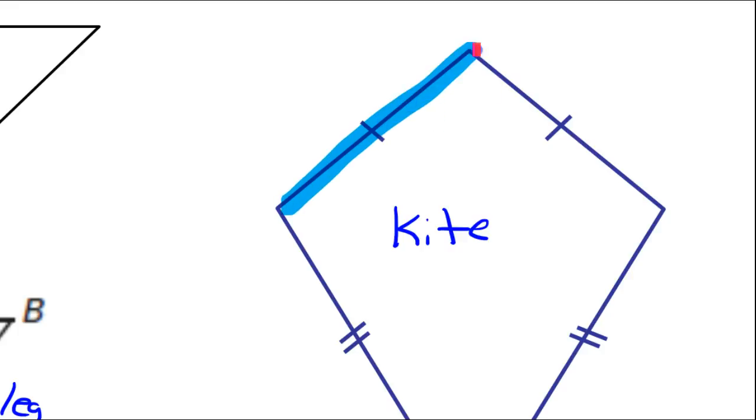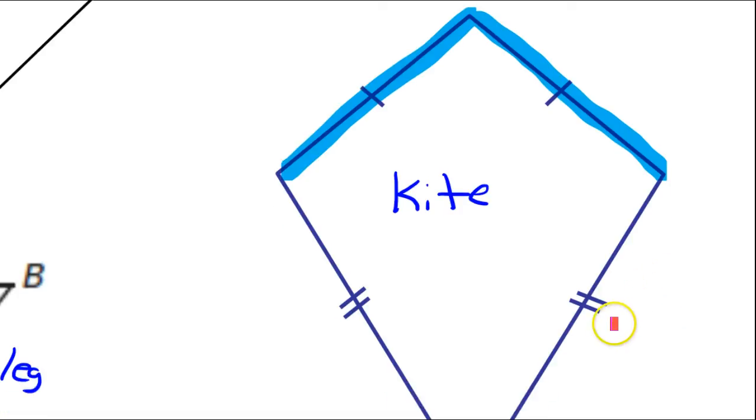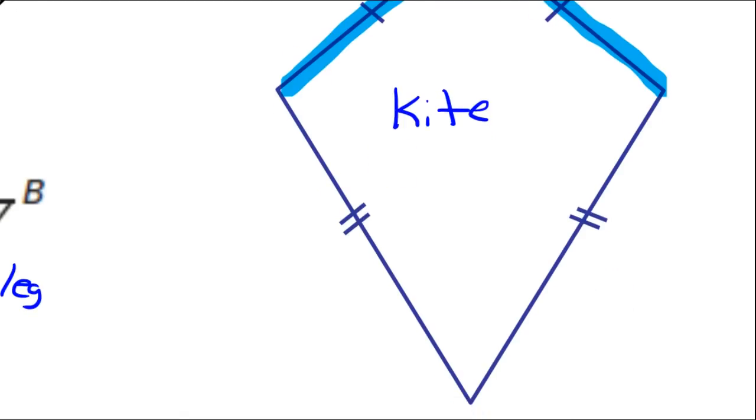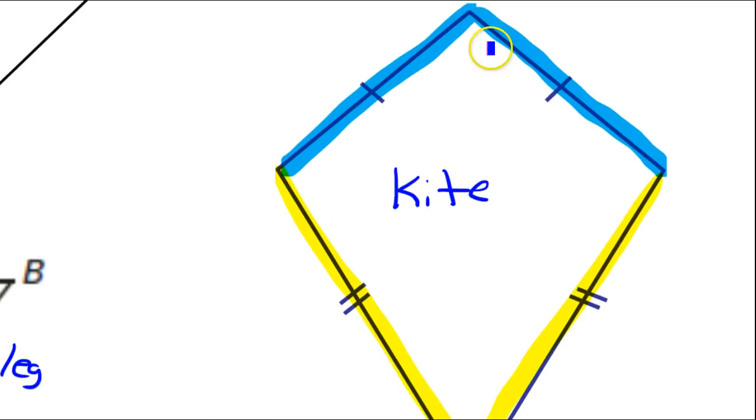So this side and this side are equal in length, they're congruent, and this side and this side are congruent. So if you have two pairs of congruent sides that are consecutive, they're touching, then you have a kite. Those are the 7 shapes that you need to know.